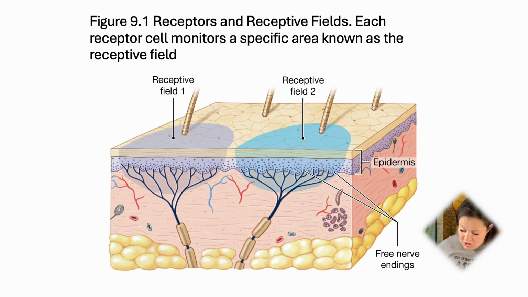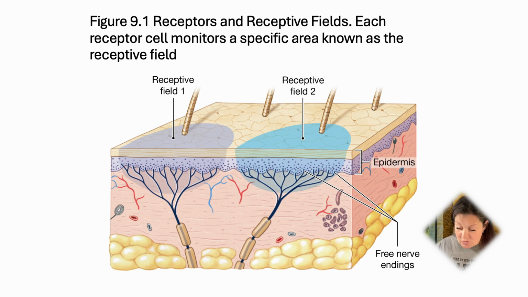In addition to olfactory, gustatory, vision, and auditory, we have equilibrium. Equilibrium is controlled in an area of the ear, and we'll talk about that when we talk about the auditory and equilibrium mechanisms of the ear.